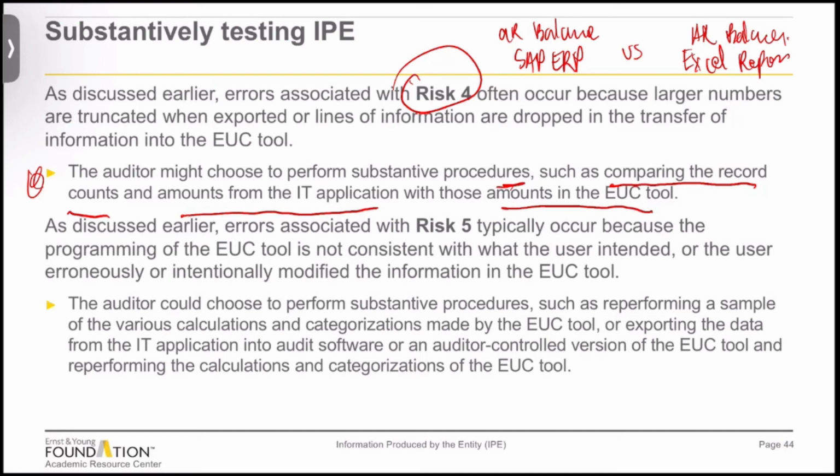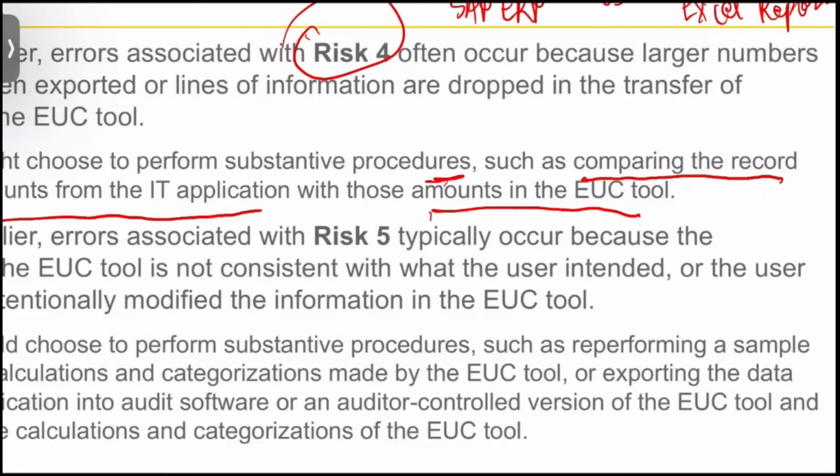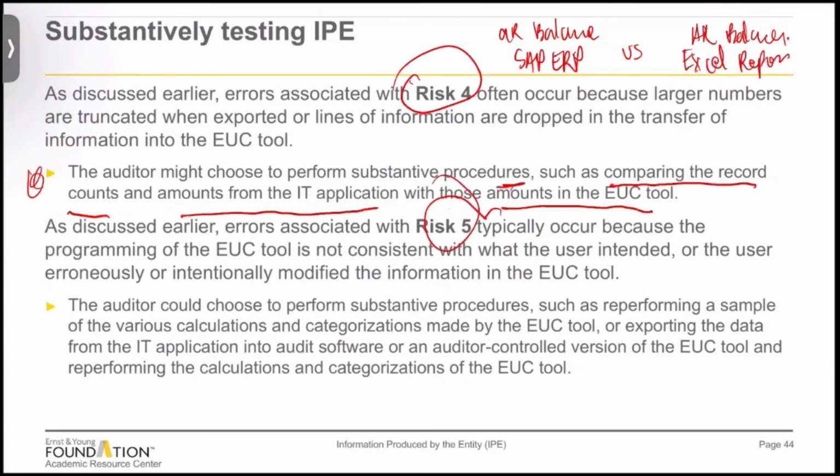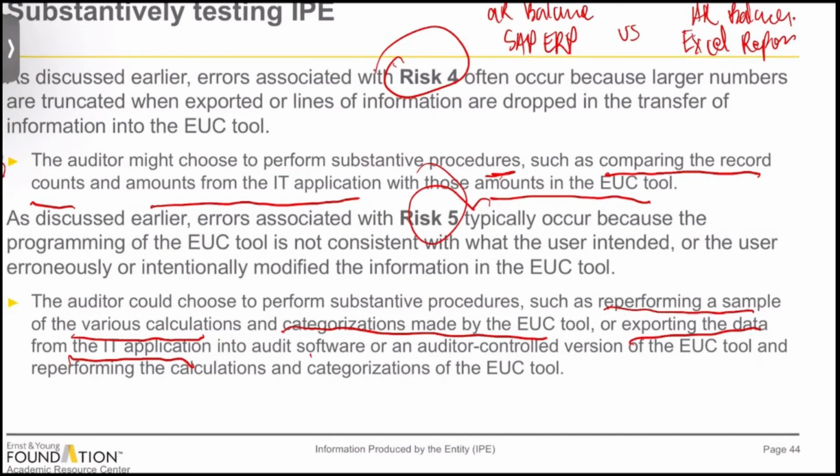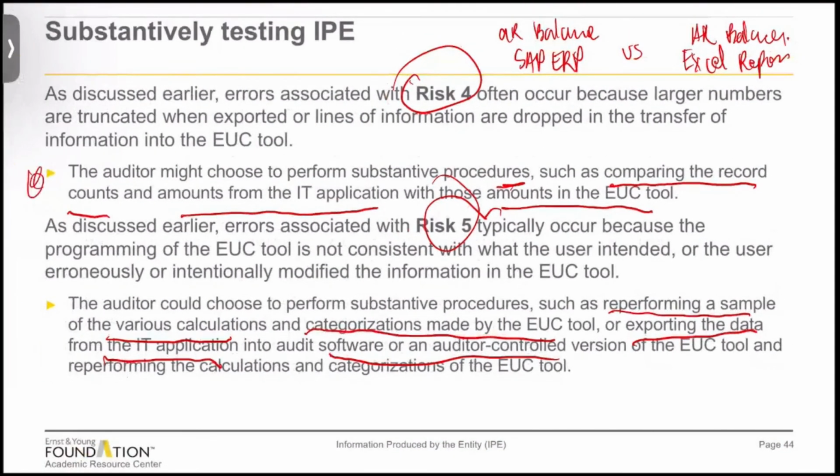So as discussed earlier, for risk 5 naman, the auditor could choose to perform substantive audit procedures such as reperforming a sample of various calculations and categorizations made by the EUC tool, or exporting the data from the IT application into the audit software or auditor-controlled version of the EUC tool and reperforming the calculations and categorizations of the EUC tool.